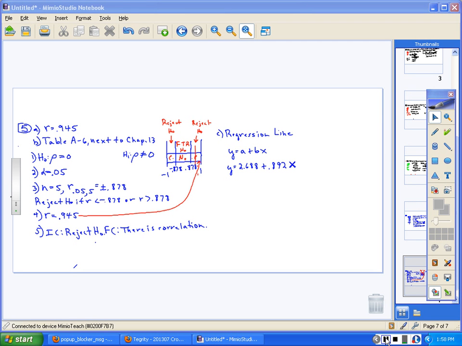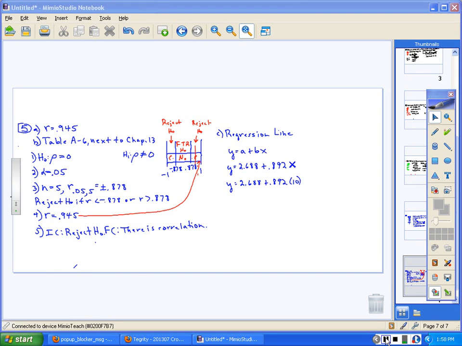Now, once you've done that, in the next step, which is a separate step, I ask you to predict y when x is 10. So then you're going to substitute 10 into the equation for x.